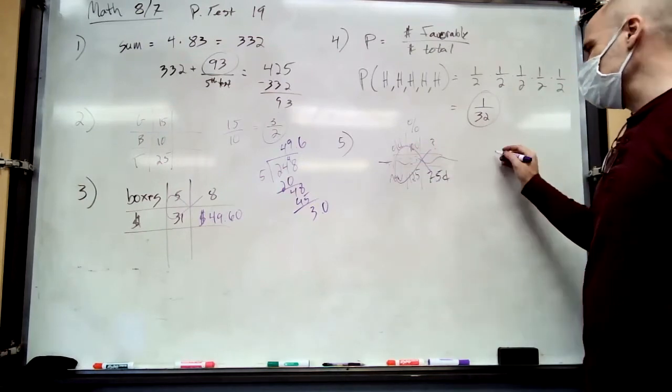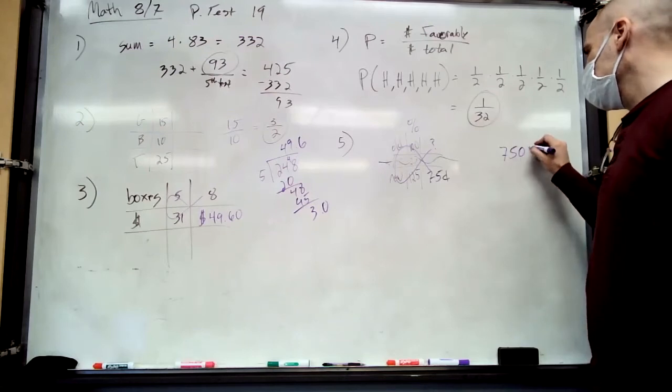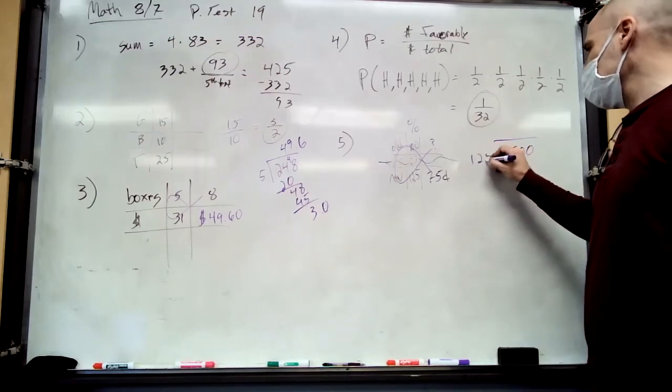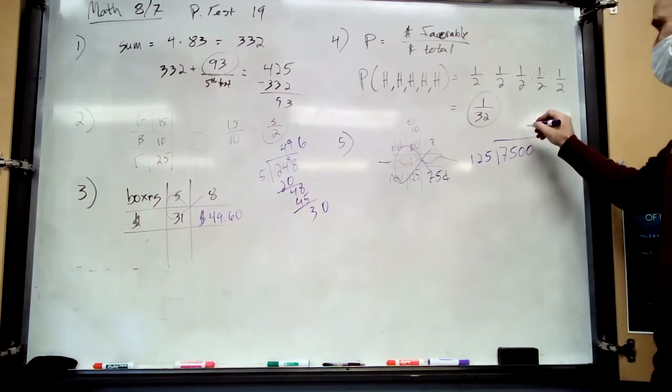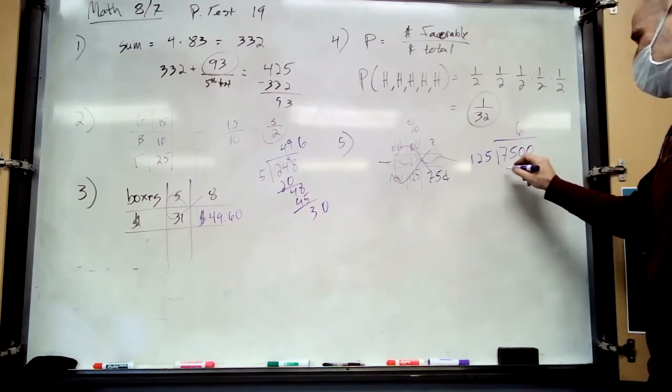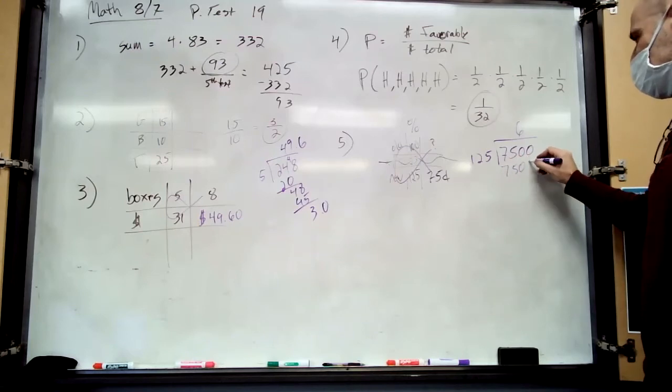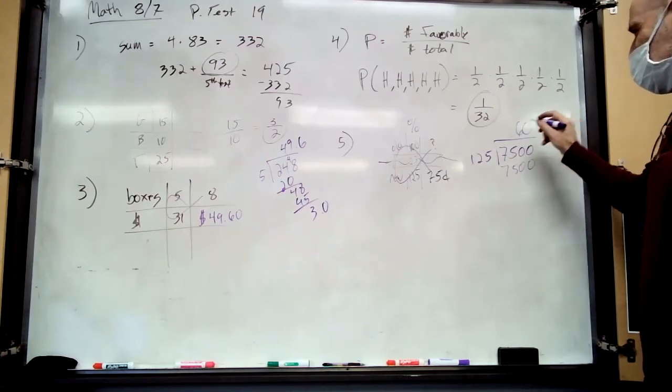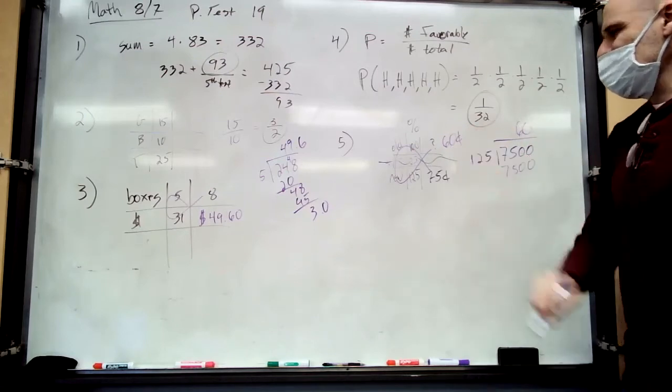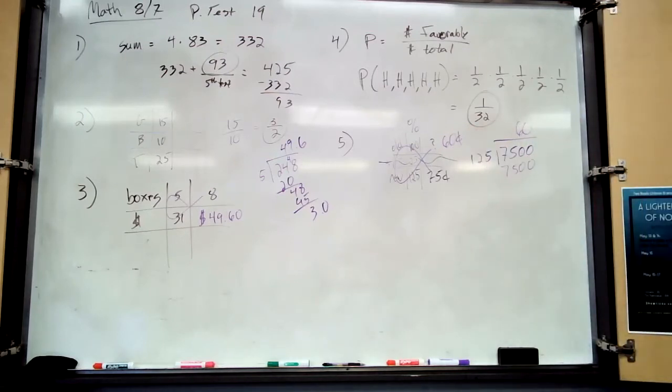So that's 7,500 divided by 125. That goes in 6 times exactly. So it's going to be 60. So it was 60 cents before the increase. Now let's test it. What's 25% of 60? Well, that's 15 cents. So after a 15-cent increase, it's 75 cents. Does that make sense? Yeah. All right.